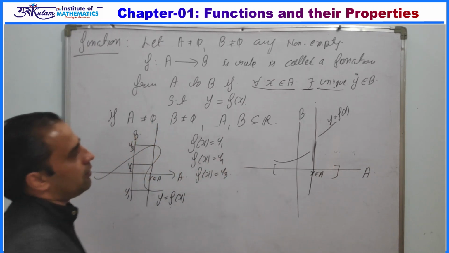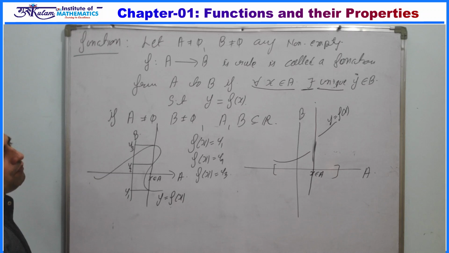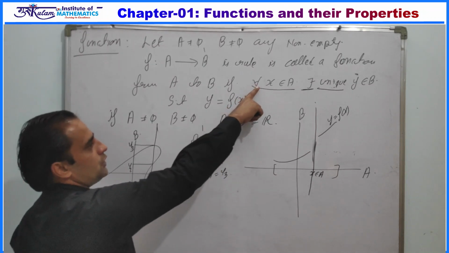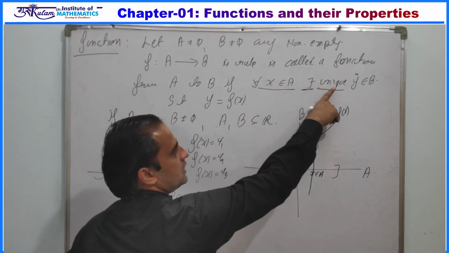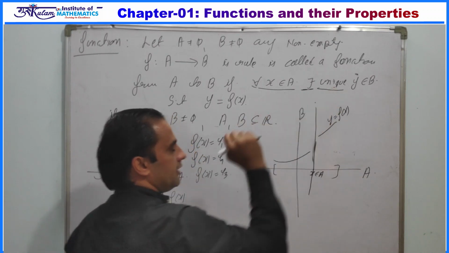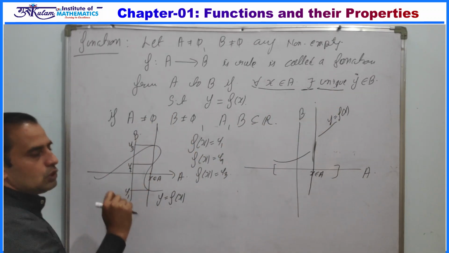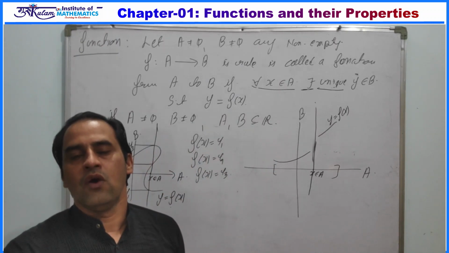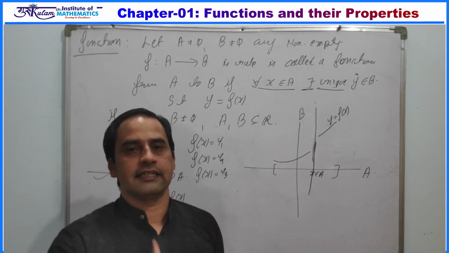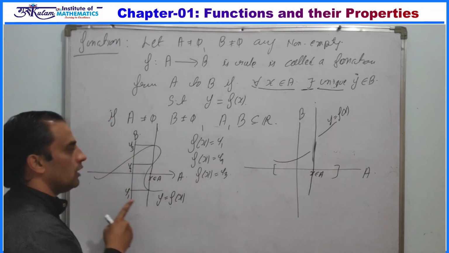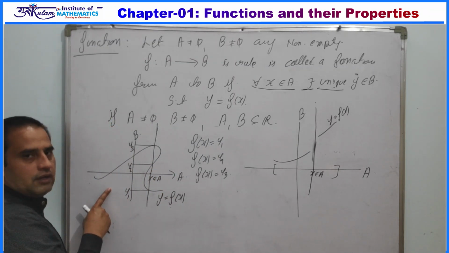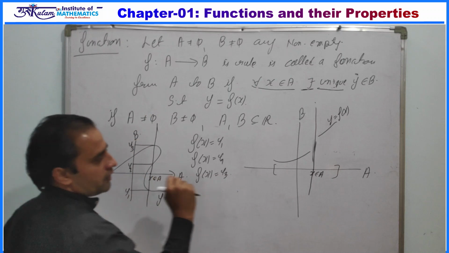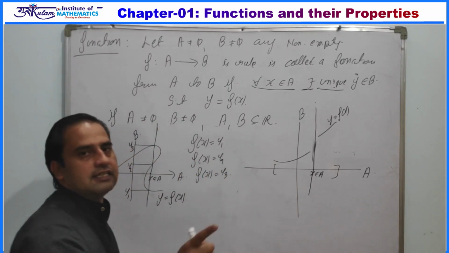So geometrically, every element should have an image and the image should be unique. If it intersects more than once, the image is not unique. If it is not intersecting, then the image does not exist.